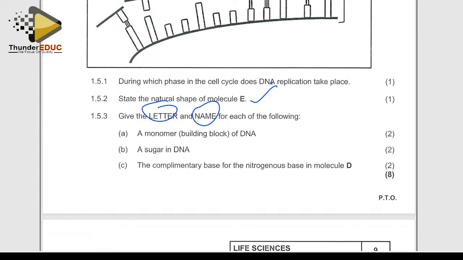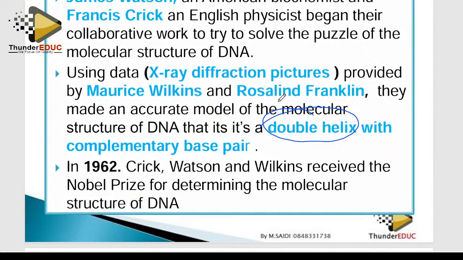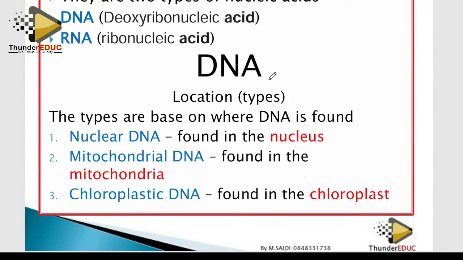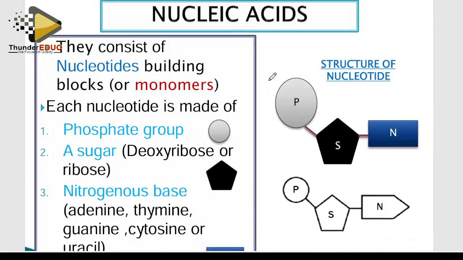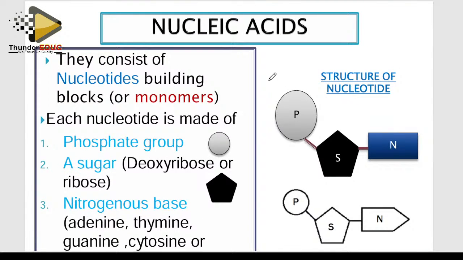for each of the following monomers. We highlighted this several times. We said it's a nucleotide. I even showed you and said, guys, please make sure of that: nucleotide. I said sometimes they call it building blocks, sometimes they call it monomers. That's what I said yesterday.